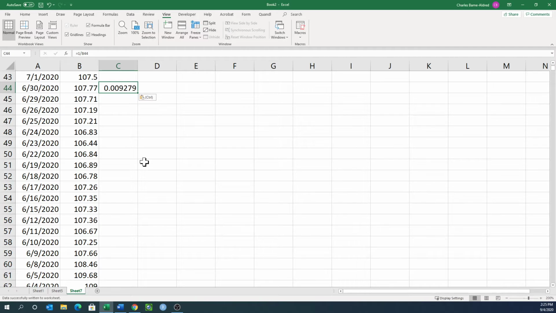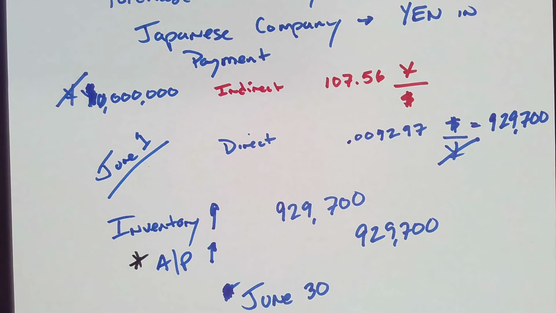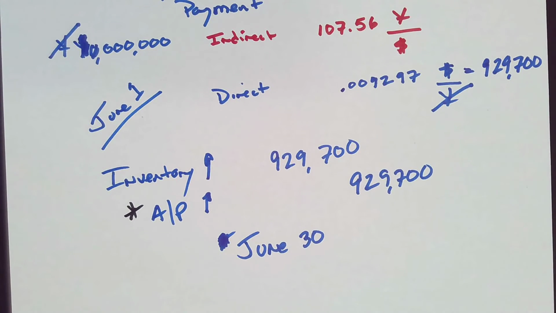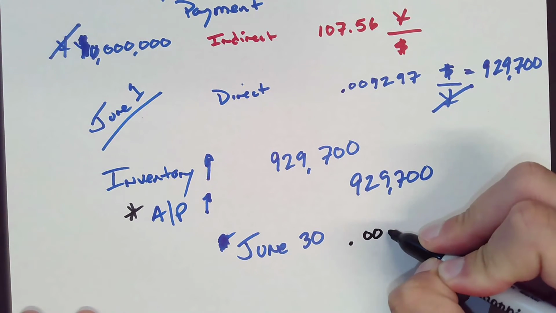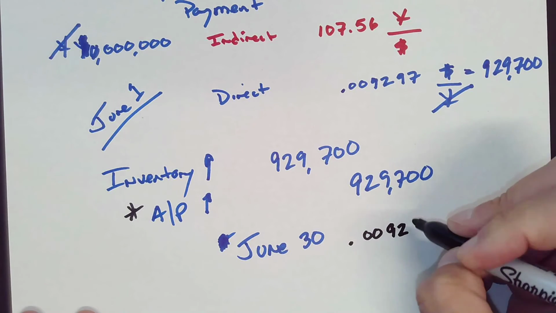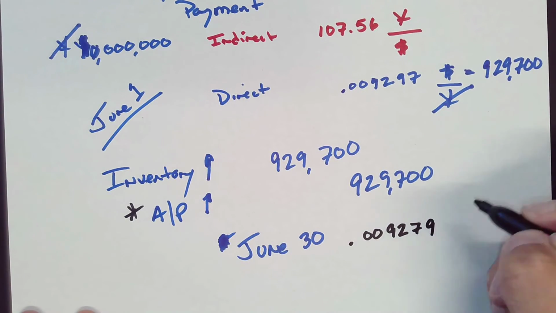I don't have to pay them as many US dollars here, right? So now my direct exchange rate at June 30 is lower. I've got a smaller amount to pay. Let me get this turned on. There we go. So the new exchange rate at June 30 is 0.009279. Not 97.